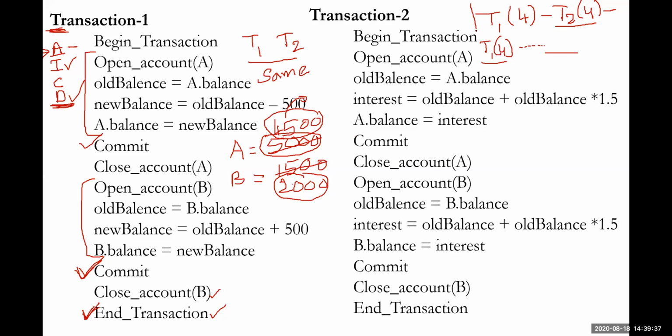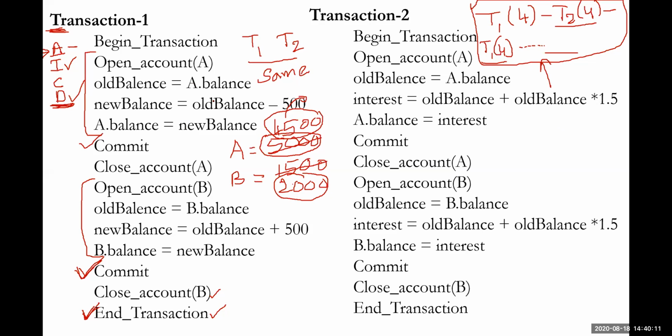If interleaving can happen here, it can cause many problems. By tomorrow's class, we will see what problems are available in database transactions if such interleaving happens while executing transactions. We will see each and every point in the next class. Okay. This is how you have to consider the ACID properties.